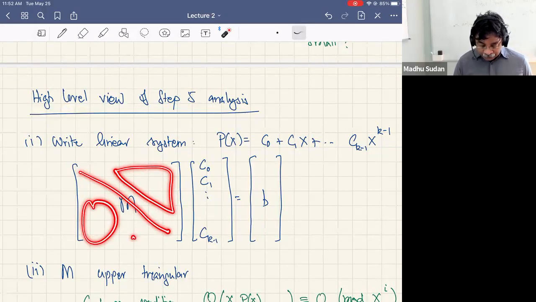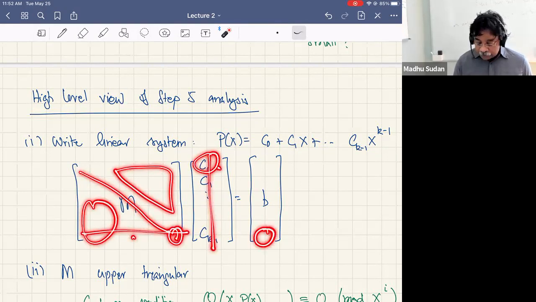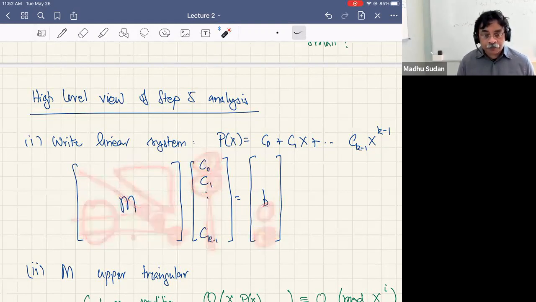If I look at this row, the only thing that affects this row is C0. Then I just need to set C0 so that this equality holds. The next one, I've already fixed C0, will determine C1. And then the next row will determine C2, and so on.